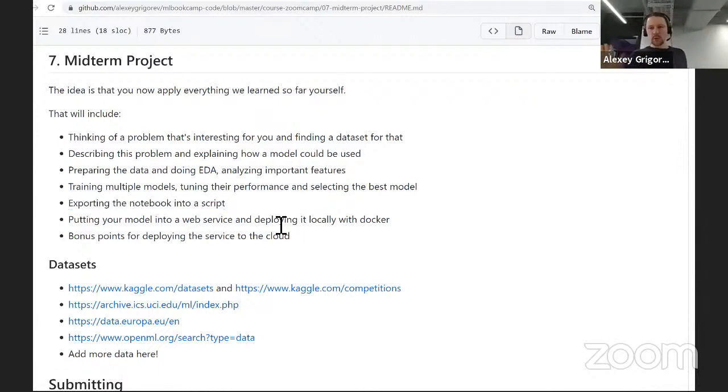And deploy it locally with Docker. So this is like a bare minimum. You don't have to deploy this to AWS or some other cloud providers, but you will get a bonus point for doing this.